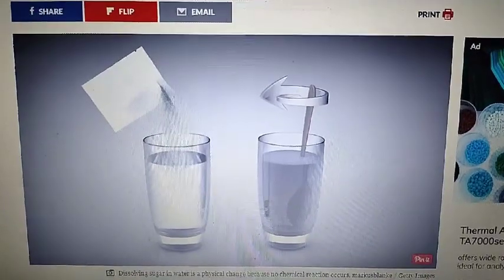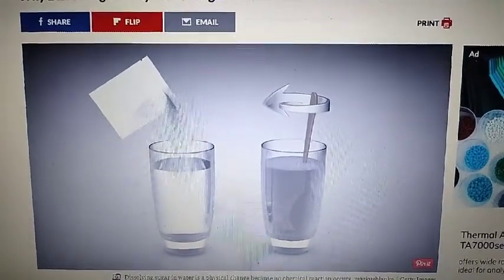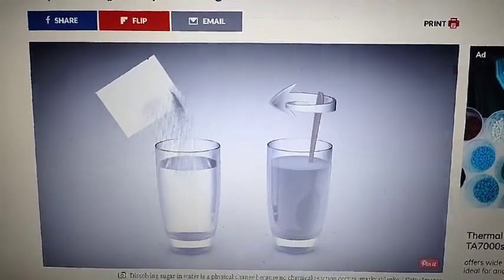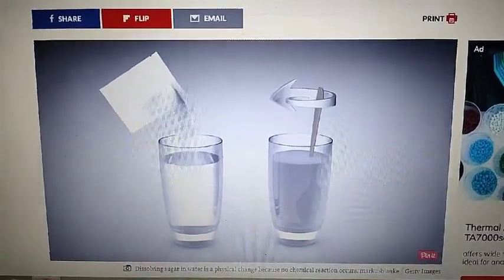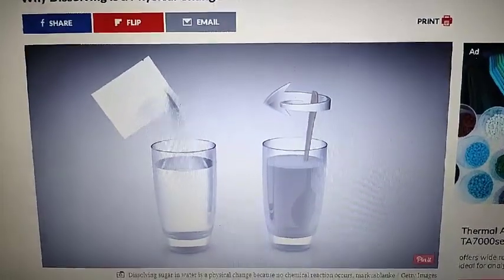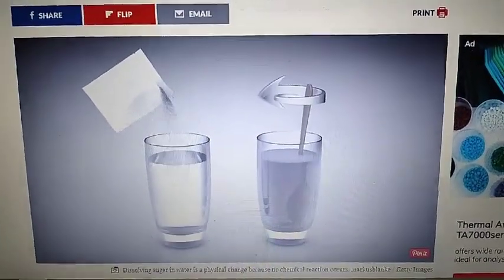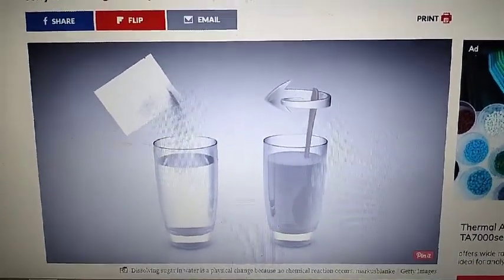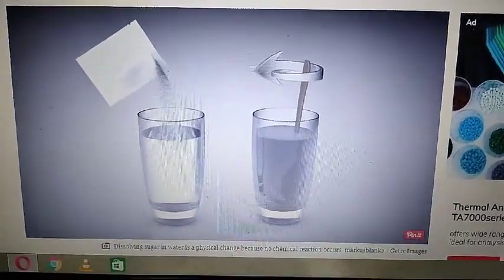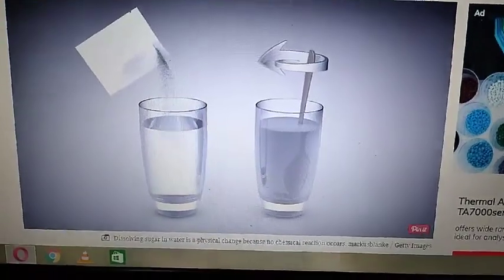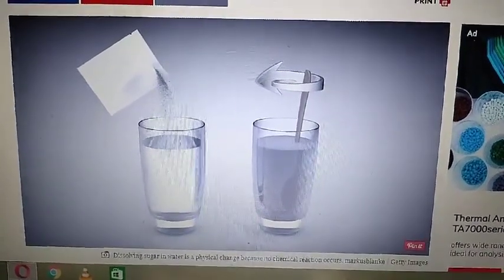So during dissolution, what happened? Sugar has not lost its sweetness and it is also recovered from its solution by crystallization. Therefore, we can say that this dissolution of sugar in water is a physical change. Okay. So in a physical change, no new substances are formed and it is reversible, right?